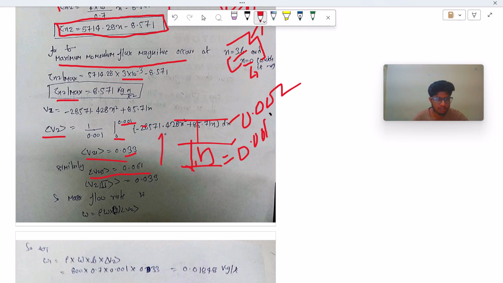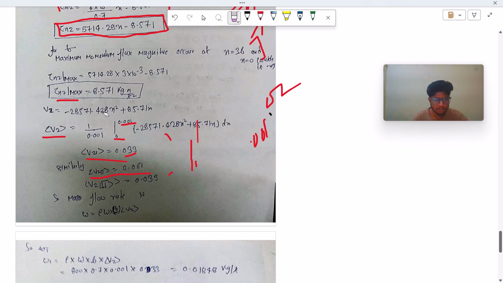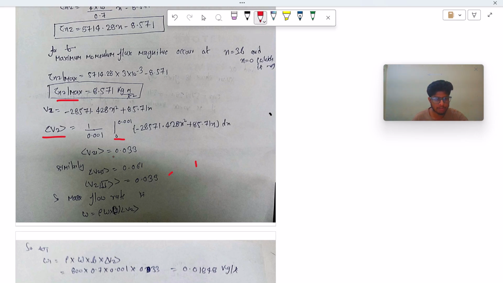Similarly we get Vz3 if we integrate from 0.002 to 0.003. So we get the average velocity for all three fluids: Vz1, Vz2, Vz3.